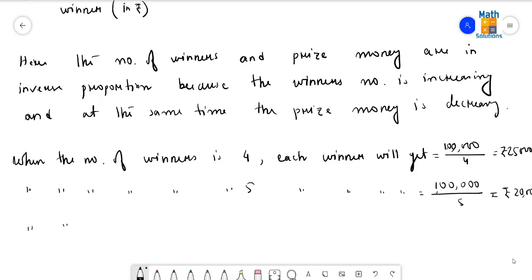When the number of winners is 8, each winner will get 1 lakh divided by 8. The amount will come like 12,500.